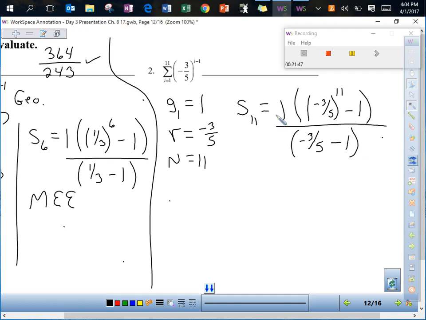Guys, this one does not come out to be an exact number. You can't go Math Enter Enter on this one. So you should get about 0.6273. Once again, you might pause the video for a second, grab your calculator and make sure that you can do that.